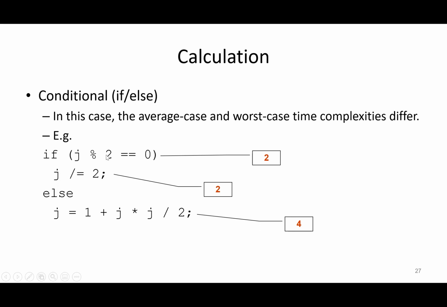If this is true, then I execute this statement, which is j equals j divided by 2, and this one will require 2 operations. Else, I will execute this part where j equals 1 plus j multiplied by j divided by 2. How many operations? Assignment 1, plus 1, multiplication 1, division 1. So 4 operations. So how do we calculate my time complexity for this one?